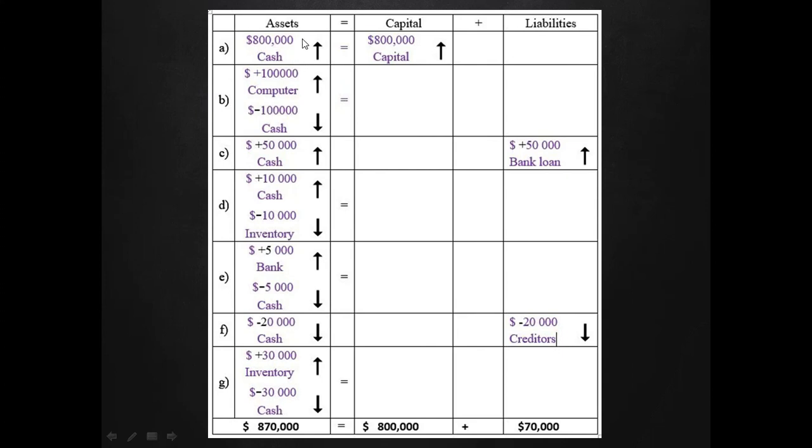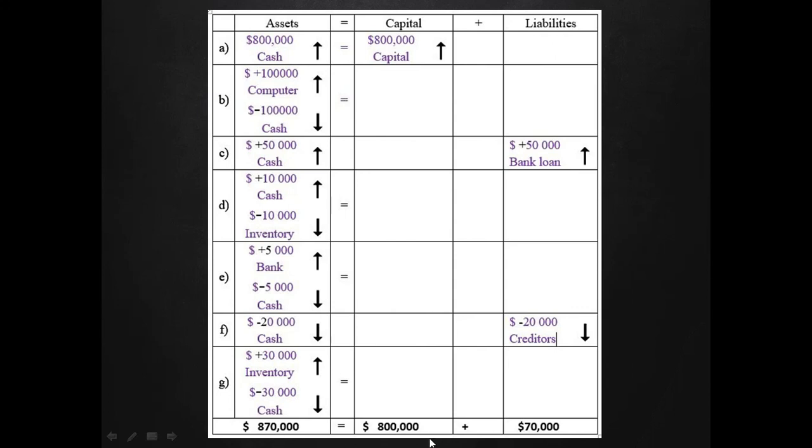If the assets are increasing, on the other side capital is also increasing. If only the assets are increasing and decreasing, then if one is increased, on the other side it decreases. So the accounting equation is balanced. After these effects have been recorded, the accounting equation must be balanced.